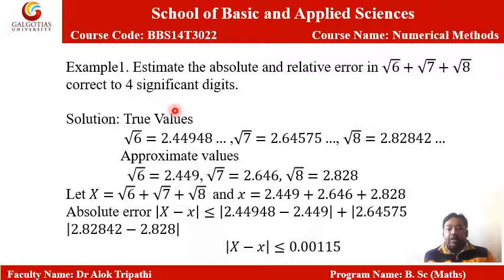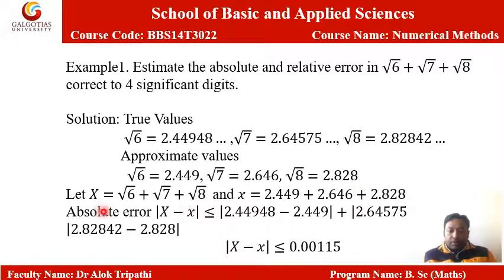Therefore we'll get approximate values of these numbers. The approximate value of root 6 is 2.449 when we round off this number to 4 significant digits. Root 6 is 2.449, root 7 is 2.646, root 8 is 2.828.